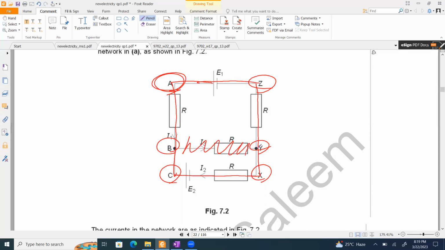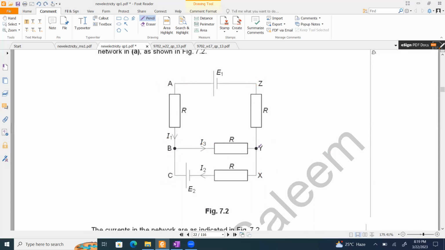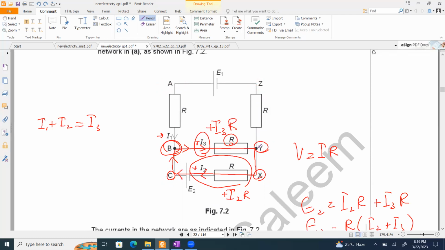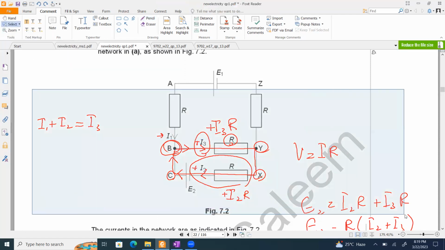Understand? Okay, fine. So it means I'm supposed to again use Kirchhoff's second law, that states that the sum of all the EMFs in a closed loop equals the sum of all the potential differences. So the sum of all the EMFs I'm going to write on the left hand side of my equation.